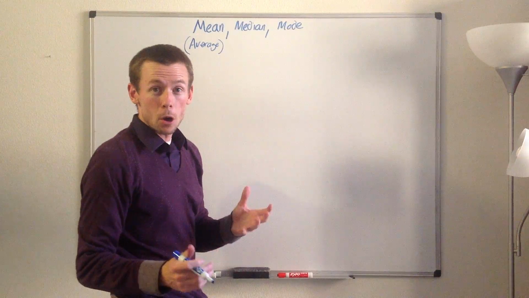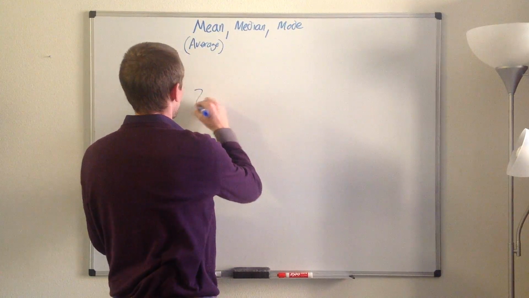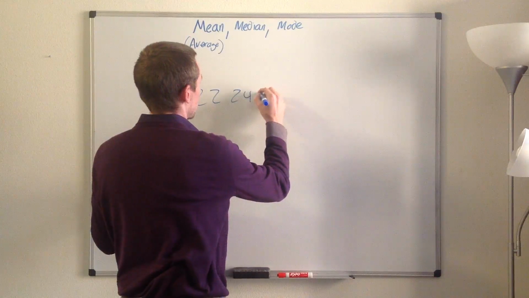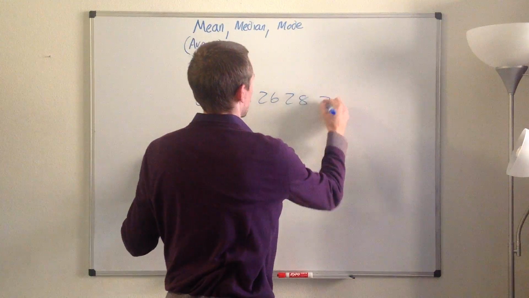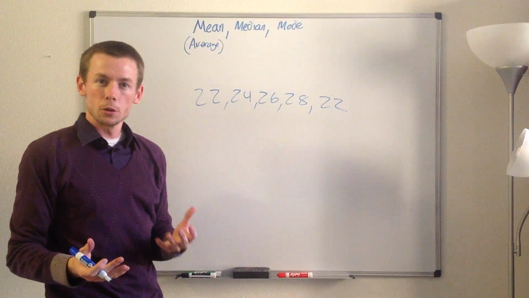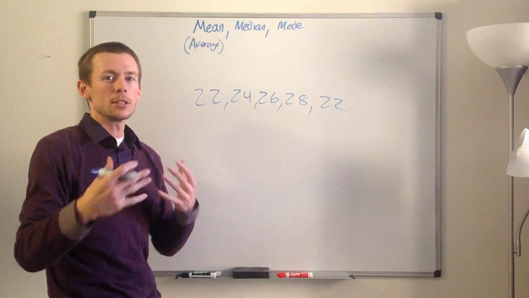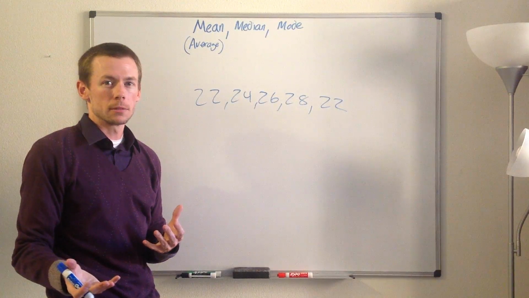Lastly, let's look at mode. Mode is the number that occurs the most often. So let's say I had this group right here. The mode would be 22 years old because it's the number that occurs the most often.